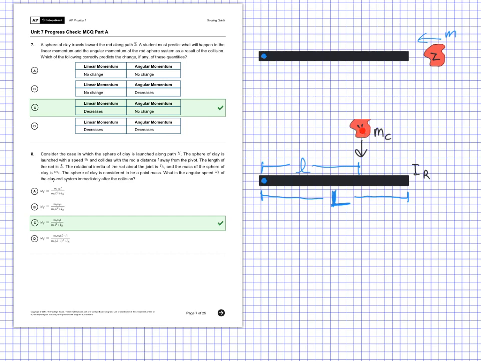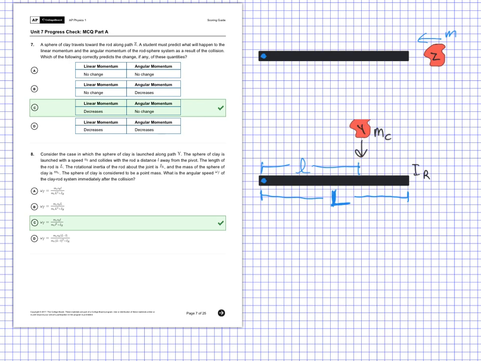So the clay actually has angular momentum even though it's moving in a straight line, because we're referencing it from this pivot point here. Back in the last problem, Z had no angular momentum because it was moving parallel to the line of action with the pivot point and had no perpendicular motion relative to that. But because Y has perpendicular motion relative to this axis of pivot, it can be considered to have angular momentum.